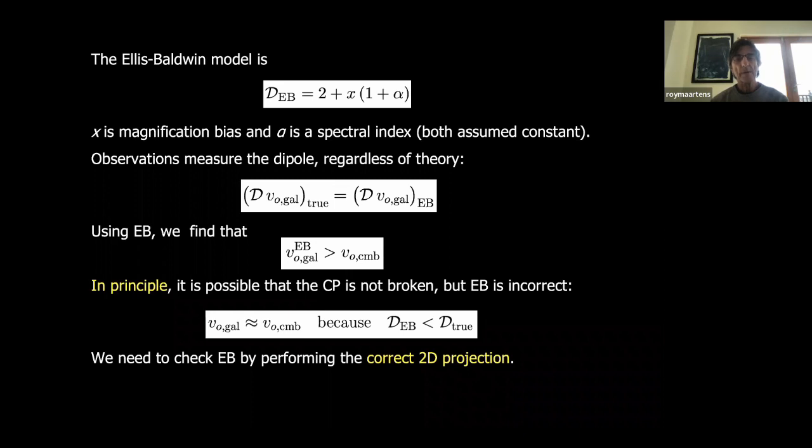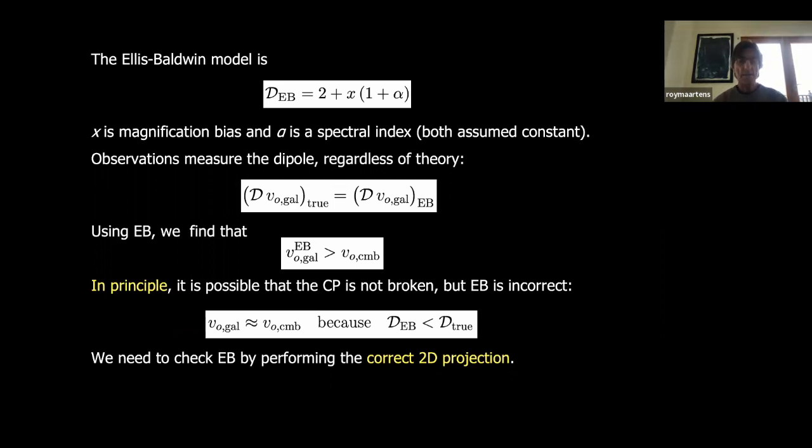Now, before we go further, I should just say that in principle, it's possible that the CP is not broken. In other words, the cosmological principle does hold so that the galaxy speed is equal to the CMB, but that the Ellis-Baldwin formula is incorrect.